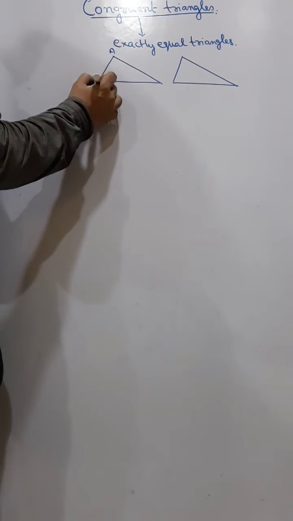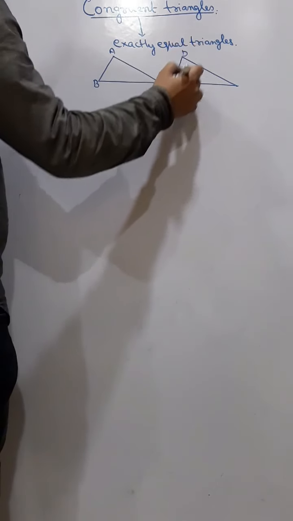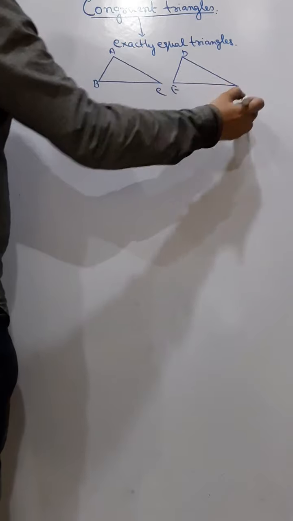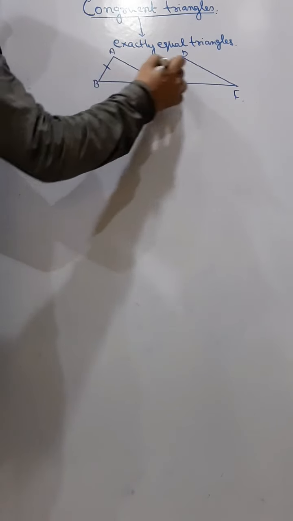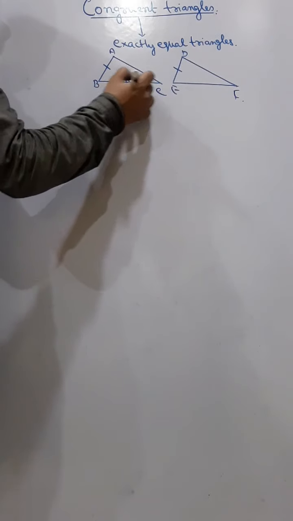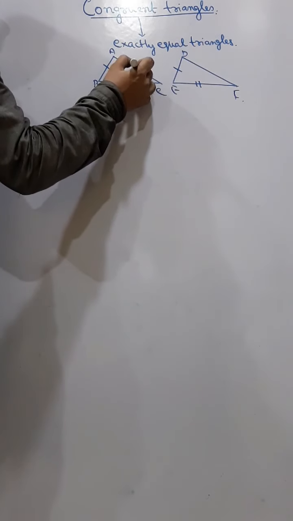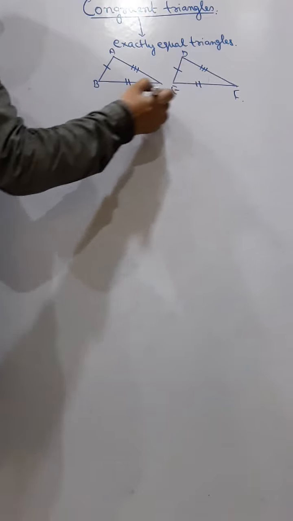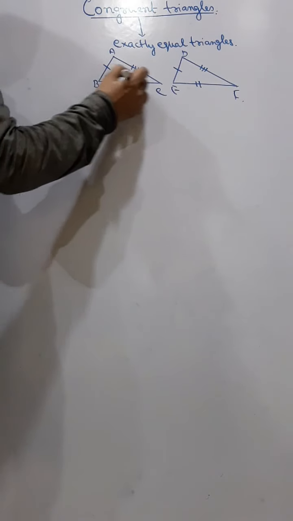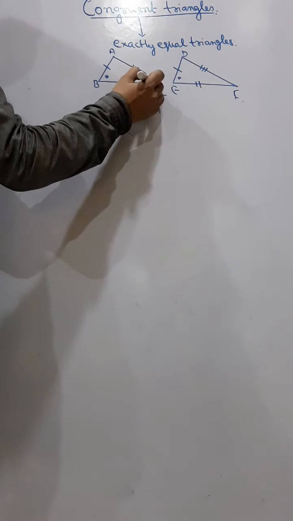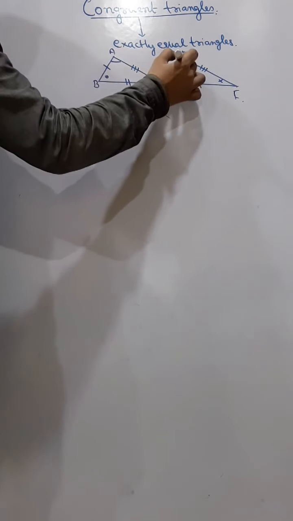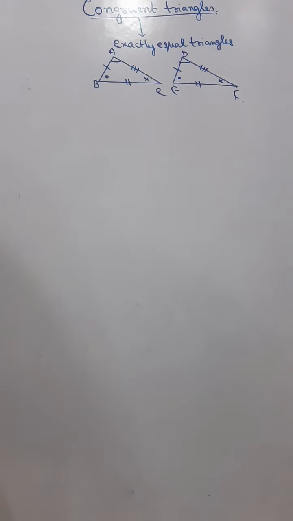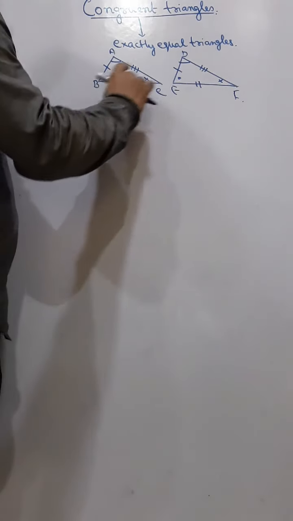Now in these two triangles, if all the respective sides are equal and all the angles are also equal, in that case we say that these two triangles are congruent.